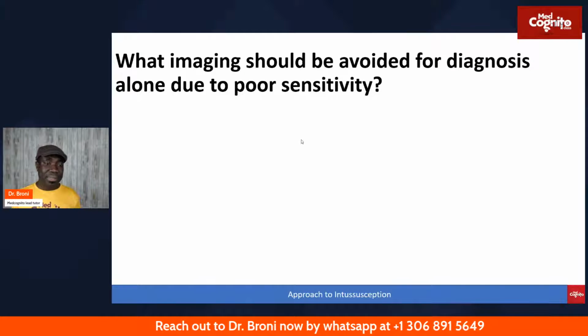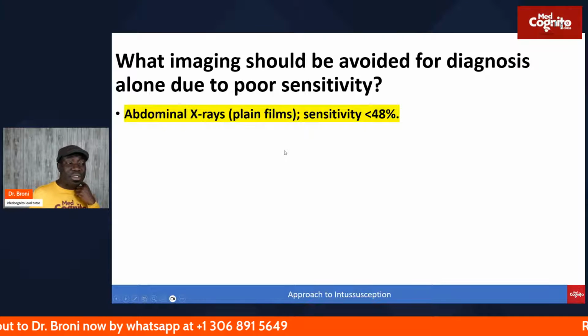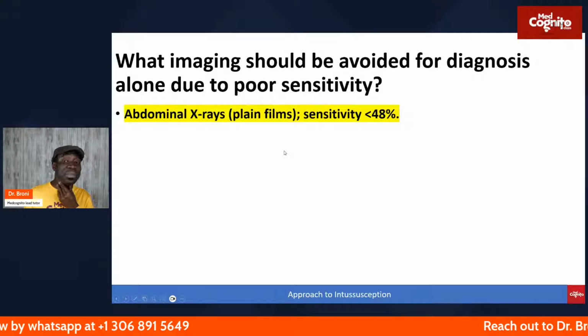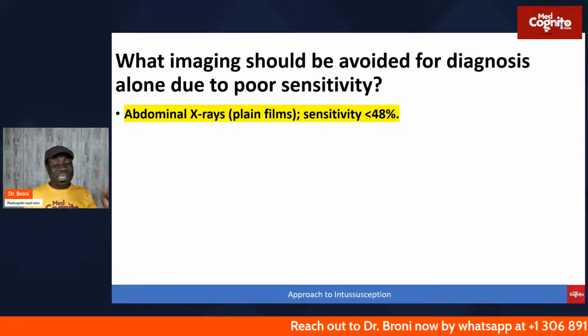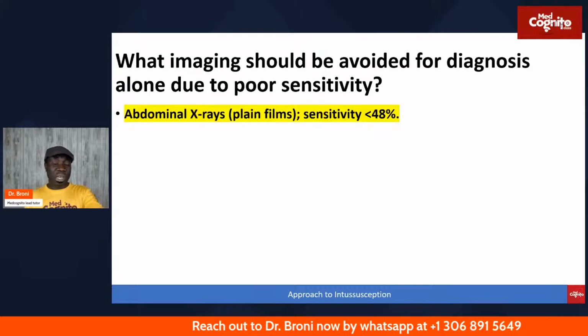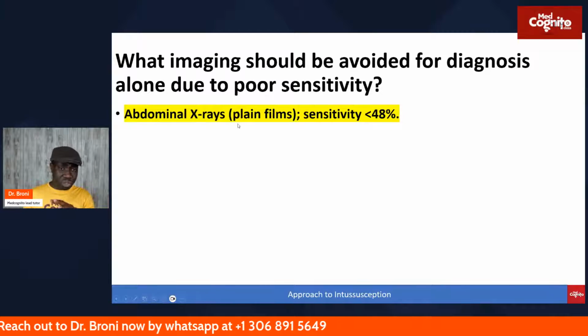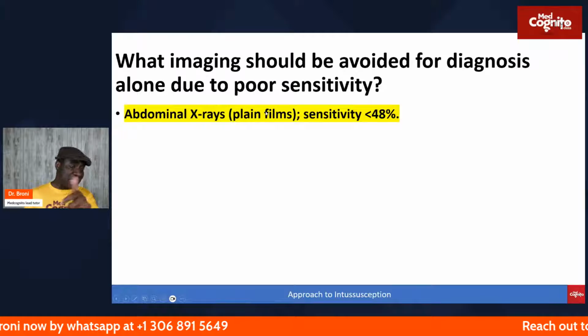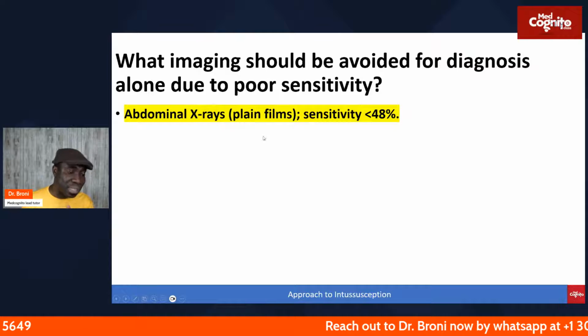The answer is X-rays, abdominal X-rays, because the sensitivity of abdominal X-rays is less than 48%. You do the CT scan if abdominal ultrasound fails, or if you want to find the lead point and you're not very sure. But I should show this in the class.